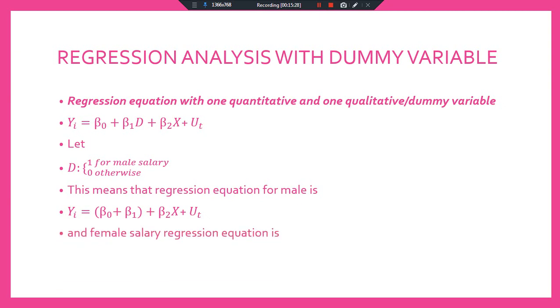But for the female salary, the regression line becomes, because here we suppose 1 for male and 0 otherwise, if we put a 0 here, then the regression line for the female salary becomes yi is equal to beta naught plus beta 2 x plus ut.